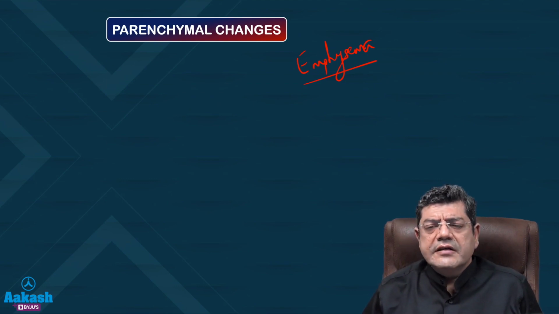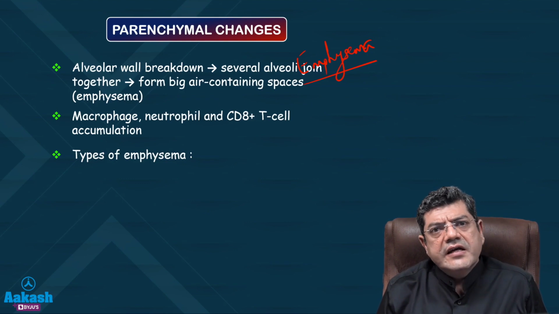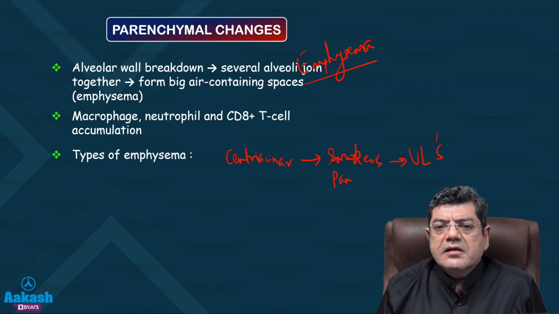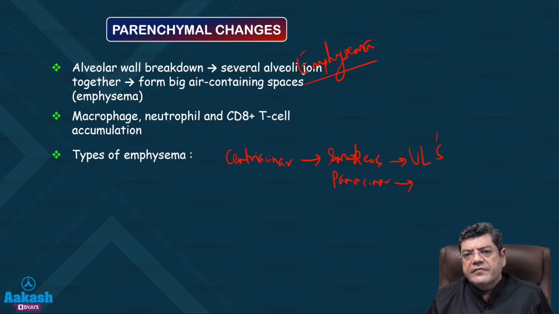There are broadly three types of emphysema, and the first there is centriacinar emphysema, and that typically affects smokers and usually largely affects the upper lobes and the superior segments of the lower lobes. And there is panacinar or panlobular emphysema, and panacinar or panlobular emphysema affects patients with alpha-1 antitrypsin deficiency.